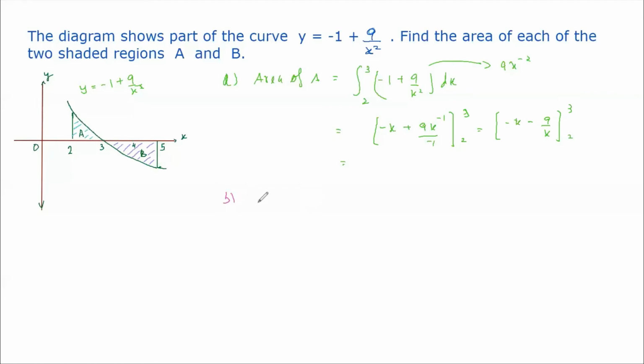For B, find the area B, same as the previous example, because this is below the x-axis, so this one should be minus here, right? This one should be minus, and then open bracket minus 1 plus 9 over x squared dx, now from 3 to 5.